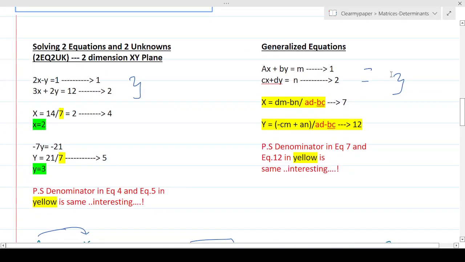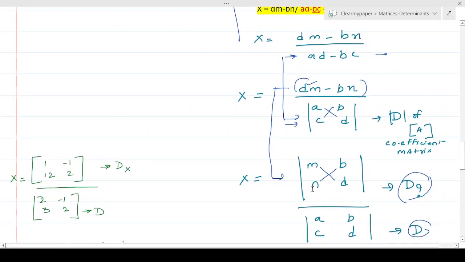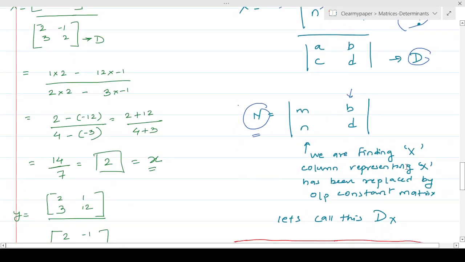For example, here, since I'm trying to find the value of x, I'm completely ignoring the coefficient of the x variables from both the equations and trying to replace it by m and n over here and keep this as is, right? That's what I'm trying to do here. So that's what this gives us. In a way, if you want to understand what this determinant represents, I can say that it's computed for finding the value of x.